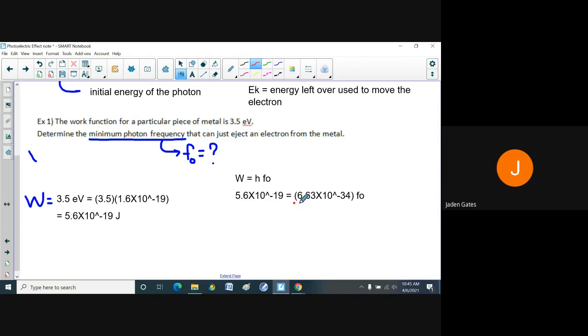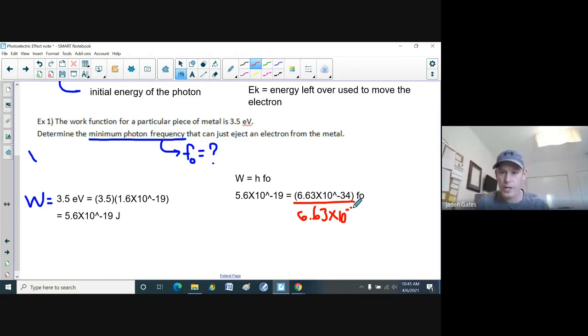Well, all I'm going to do here is divide by that constant, 6.63 times 10 to the negative 34, and do that to both sides. So those divide each other out.